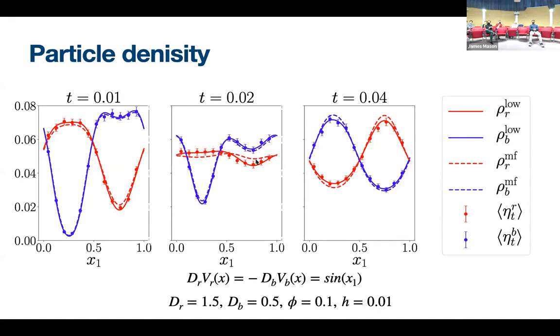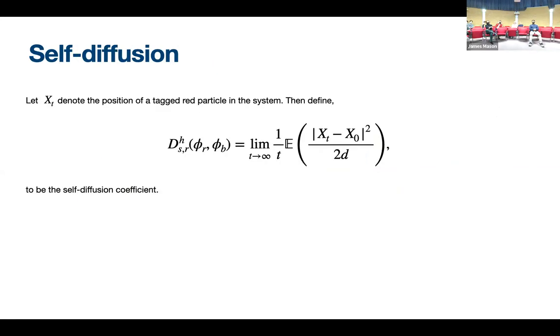So these are some results. But what else can we measure? It's quite nice to measure particle density, but we might also be interested in the diffusion of an individual particle. How does an individual particle behave? I'm going to measure the diffusivity.